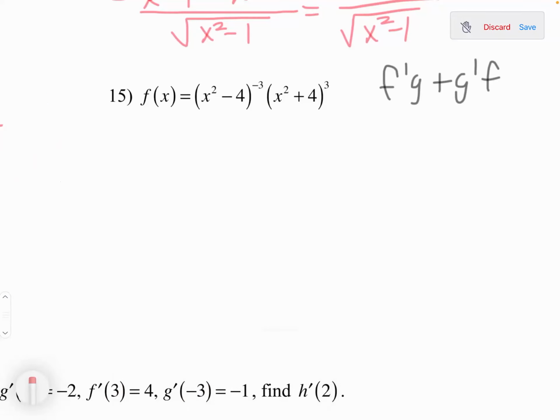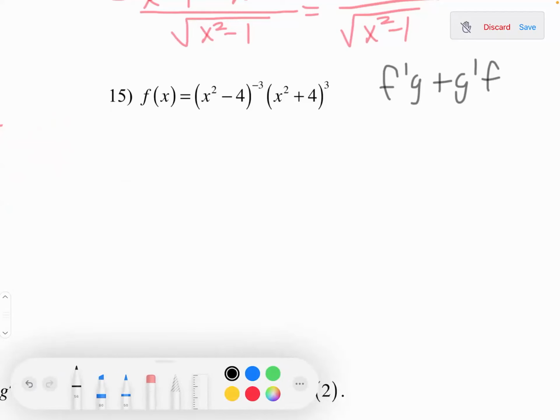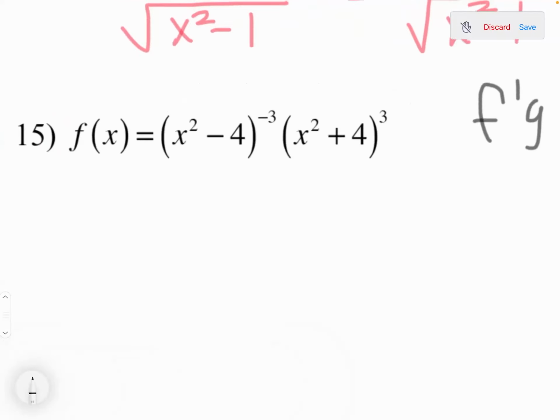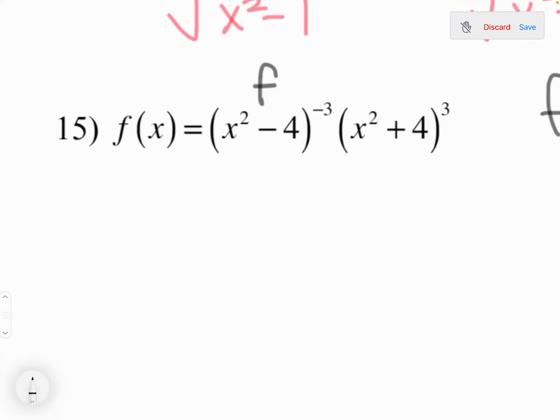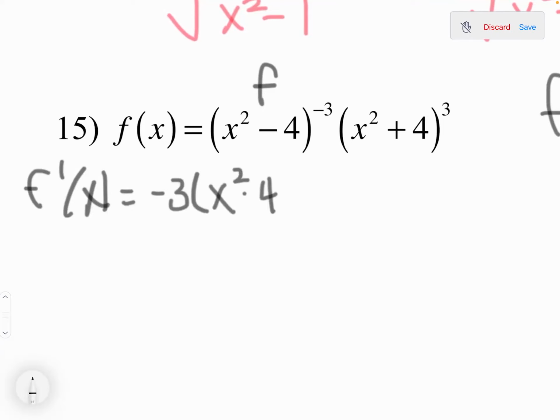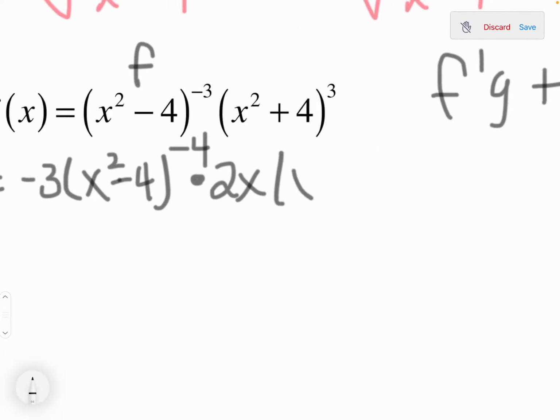All right, so the derivative of f would be the derivative of this x squared minus 4 to the negative 3 piece. So f prime of x would equal negative 3 times x squared minus 4 to the negative 4, since we subtract 1, and we're going to multiply that by the derivative of the inside, which is 2x. And then we get x squared plus 4 to the third power.